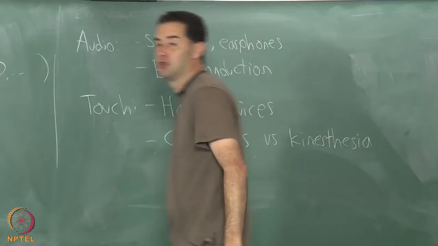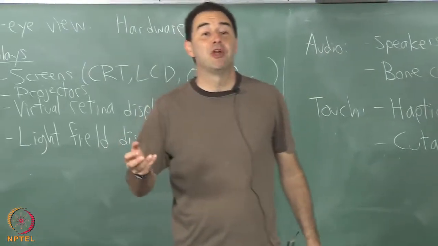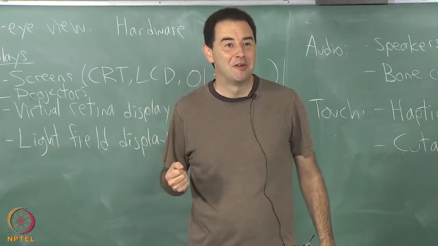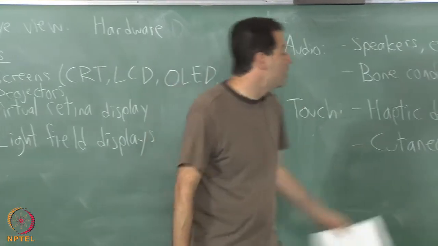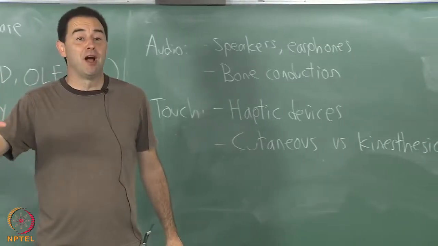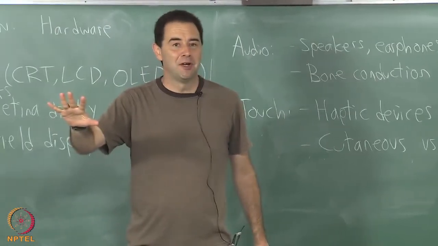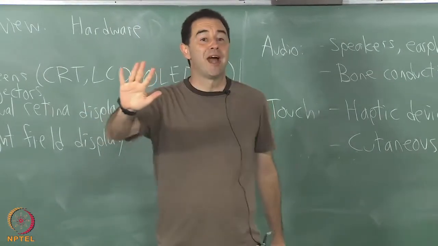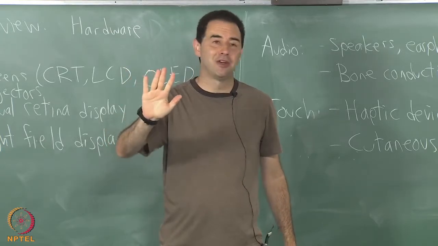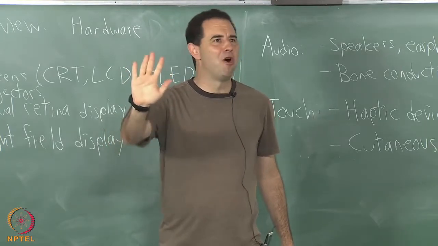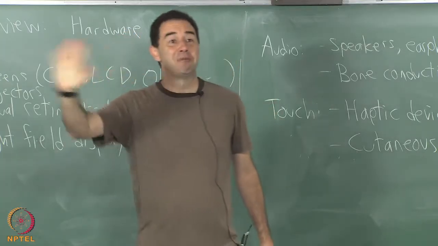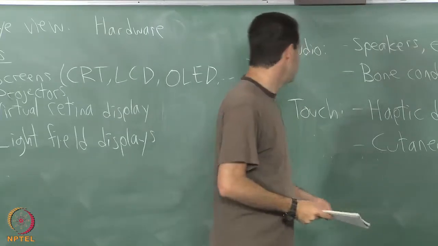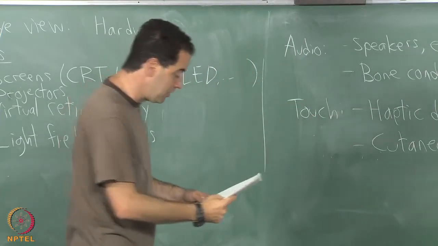An example of the first one is maybe I just get some kind of vibration as a kind of feedback, right? A rumble pack in a game controller would be an example of that. Or maybe my motions actually get blocked. I feel a resistant force. There may be a robot on the other end pushing back at me, right, and providing the right force so that it feels like I'm touching a wall. I keep getting stopped every time I put my hand out, right, but maybe a robot hand that's touching mine, let's say. So that would be an example of kinesthesia. So you can provide this kind of feedback as well.